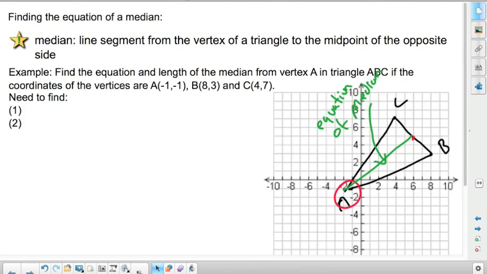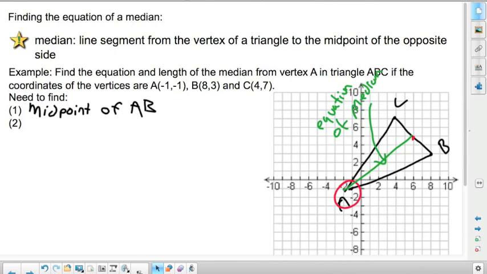So how can we get this? There are two things that we need to find first to do this. What's that? That's the middle of the line segment. Yeah, so we need to find the midpoint.